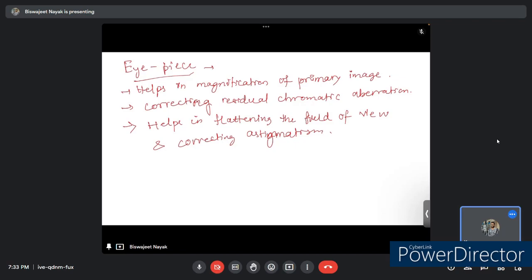Now going to the filters, we use them to get the desirable light which we want for getting better images.